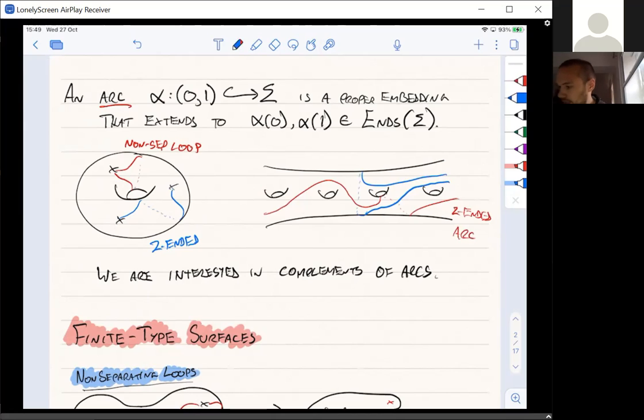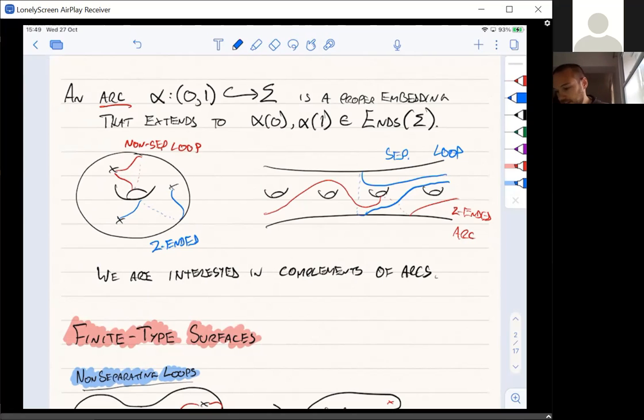And it has this loop again, but this turns out to be a separating loop. What I mean by that is if you cut along that blue arc, you get two distinct components in the complement. Whereas the non-separating loop we saw in this genus 1 surface, if you cut along that, you have one connected component.